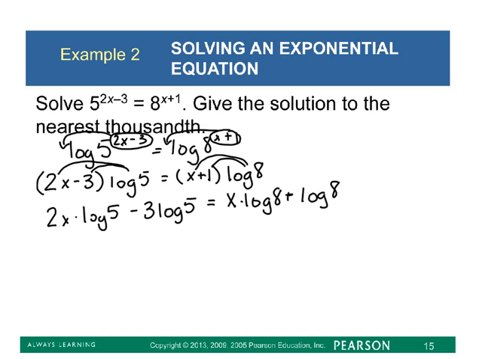Now we're going to gather on one side of our equation all of the terms that have x in it, so we can factor out an x from those. So keep this on this side of the equation, but subtract this on both sides of the equation. And then we're going to add that to the other side.